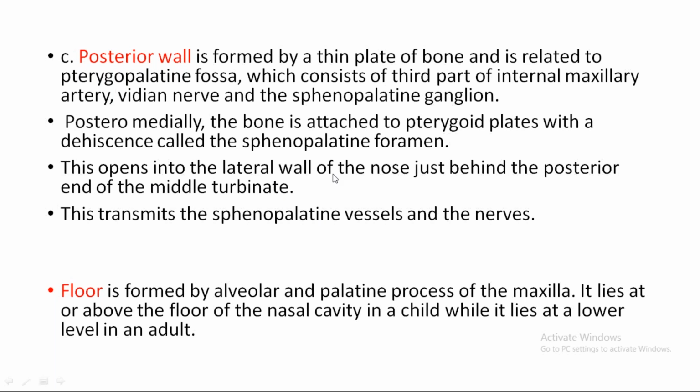This opens into the lateral wall of the nose just behind the posterior end of the middle turbinate and transmits the sphenopalatine vessels and nerves. They are the terminal branches of the internal maxillary artery.